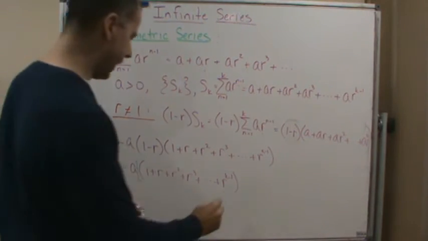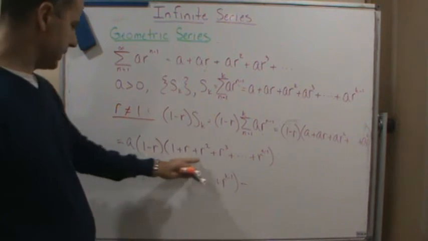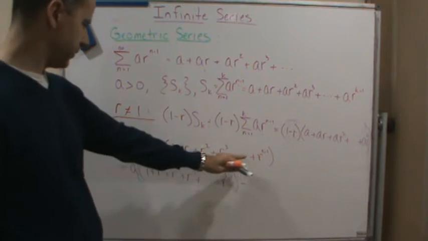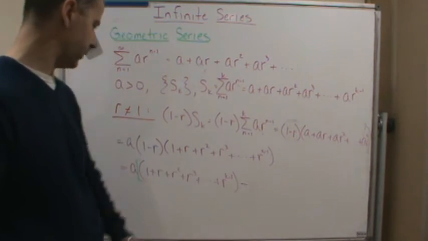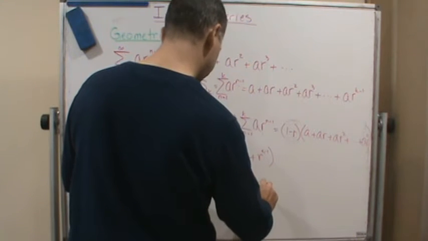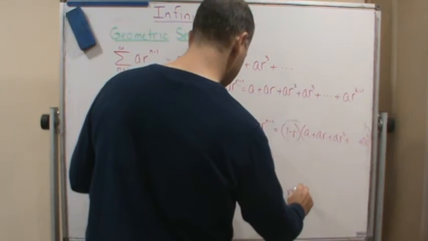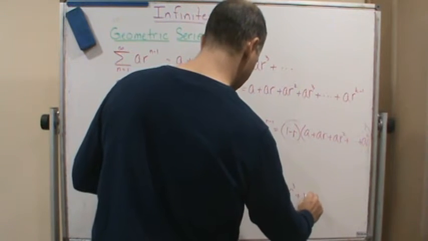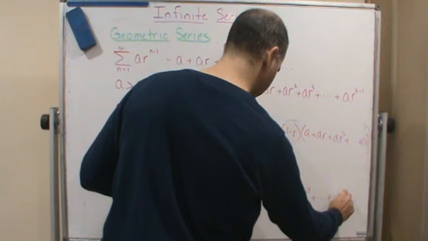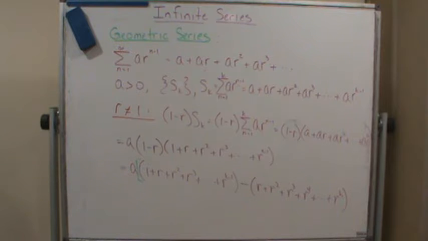But then I'm going to subtract all of the same terms multiplied by R, right? So I'm going to have a subtraction sign. I'm just going to factor out the subtraction, and this is going to be minus the quantity R plus R squared plus R cubed plus R to the 4th all the way to R to the kth power. Okay?